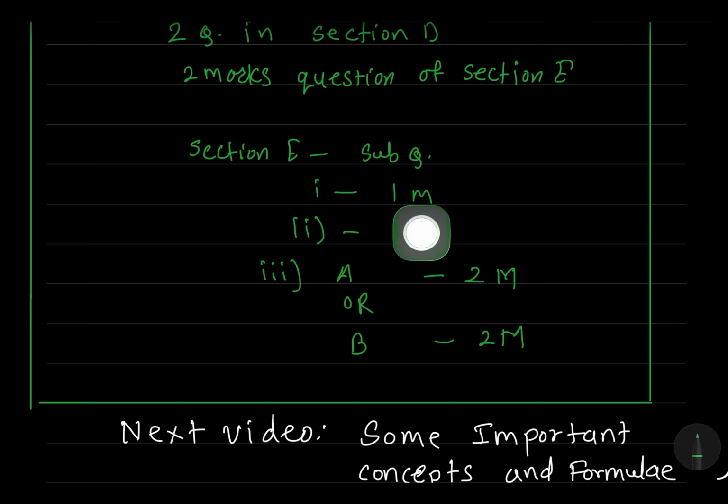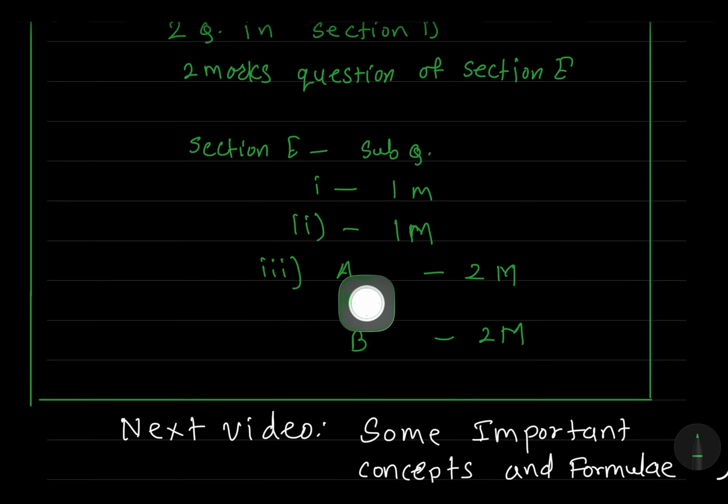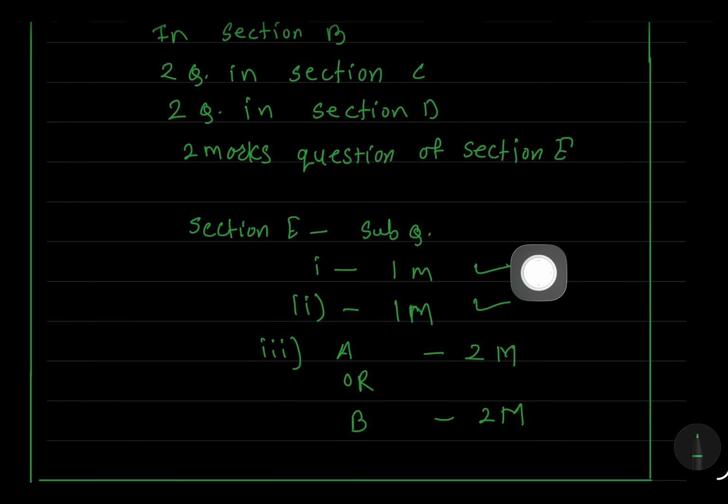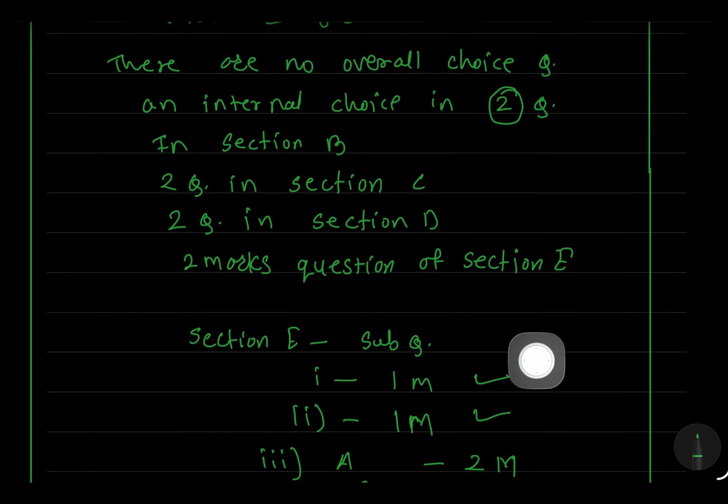The first sub question is 1 mark, the second is also 1 mark, and in the third, which is a 2 marker, there is an OR between A and B, so you have to choose only A or B. The first and second are compulsory. You can solve either A or B for the third. So 1 mark, 1 mark, and either one for 2 marks, making 4 marks in each question. Like this the options are there.